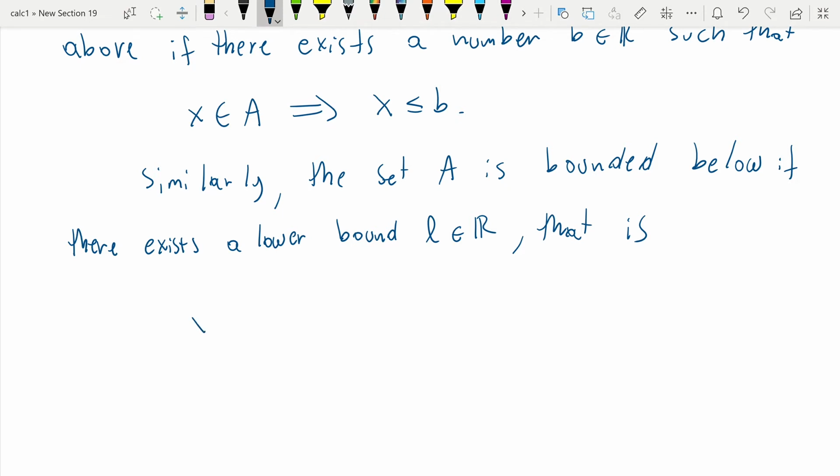So if X is in A, then that means that X is greater than or equal to L.